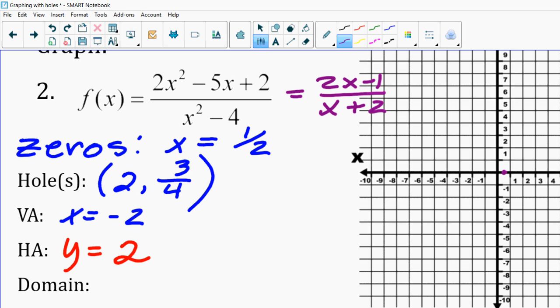Now the best you can do is the best you can do. There's a hole. I've got a vertical asymptote when x is negative 2. And I've got a horizontal asymptote when y is 2.